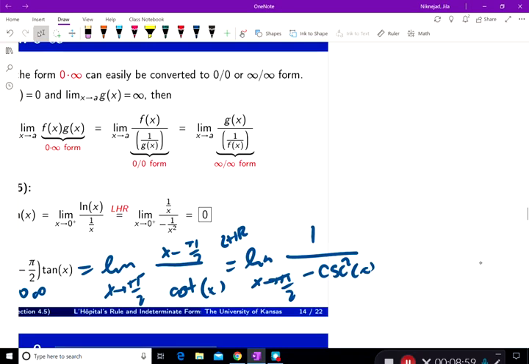And now cosecant squared at pi half is 1 over sine squared of pi half, and sine squared of pi half is 1, so I'm going to get a determinate form, and it's going to be 0.